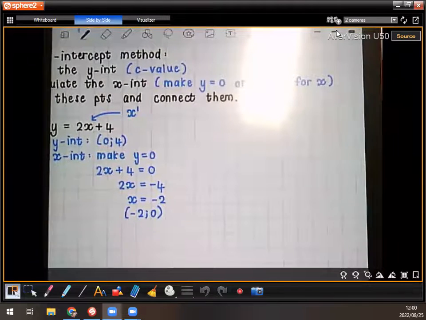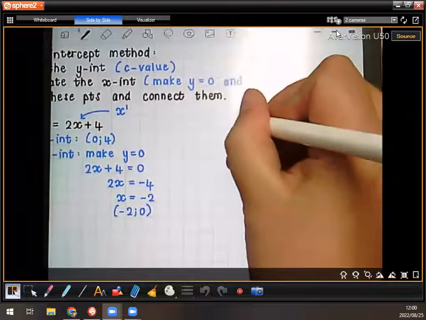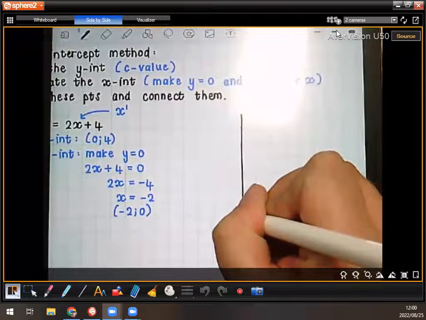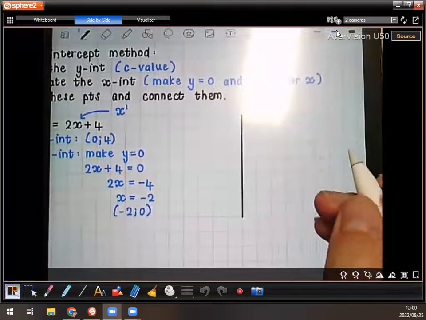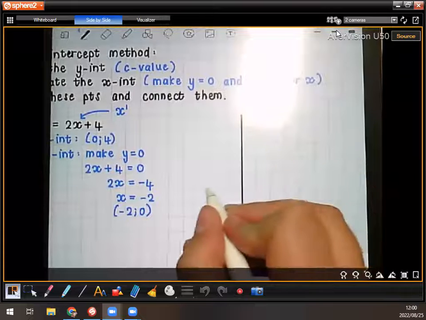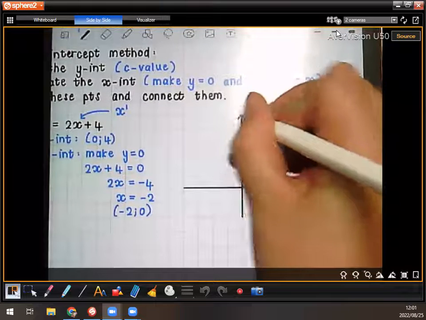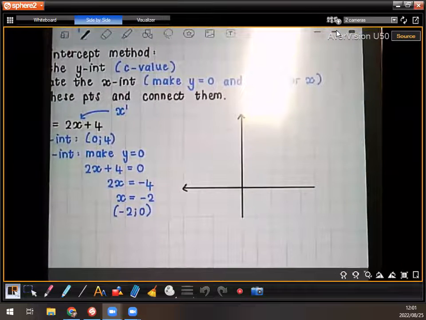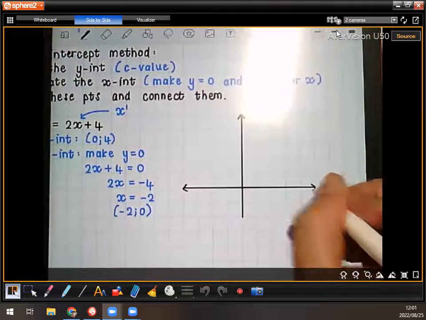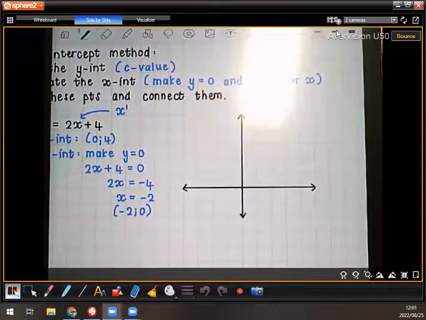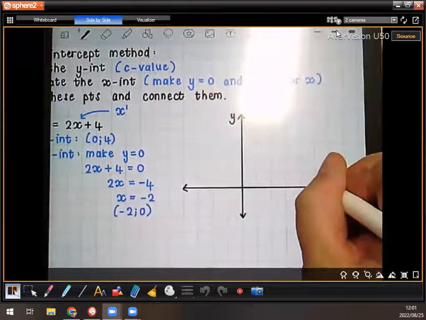Yeah, you can. What I've done in the past is highlight the points so that I know those are the ones.